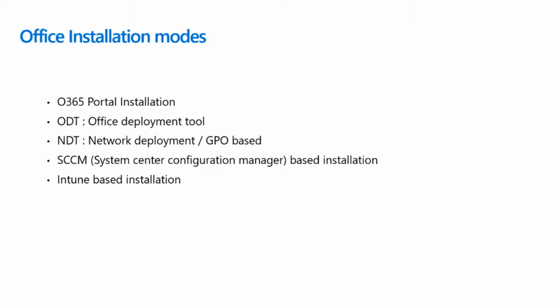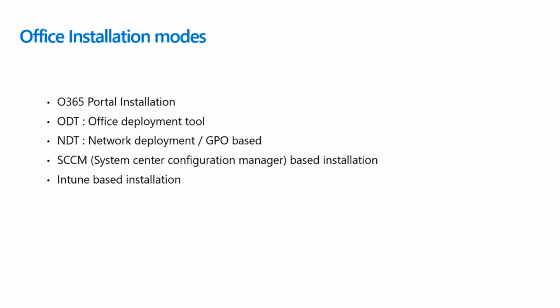Next is known as the Office Deployment Tool. The Office Deployment Tool is a command line tool that can be used to download and deploy Microsoft 365 apps to the client computers. Deploying Office from the cloud, which is the CDN, basically the content delivery network, will minimize the tasks needed for the administrators.